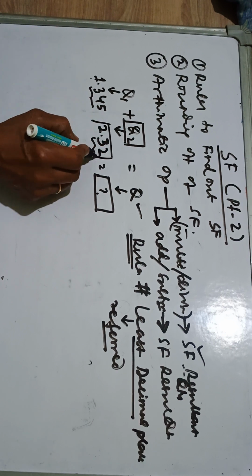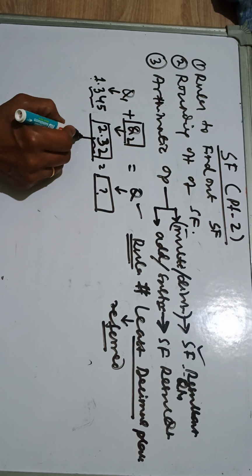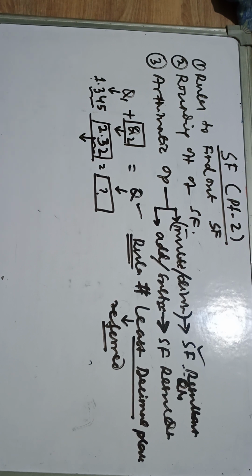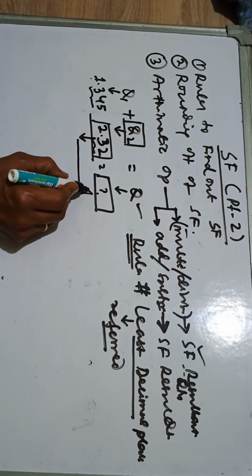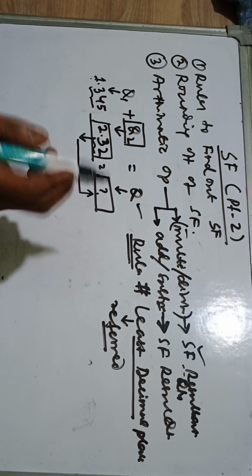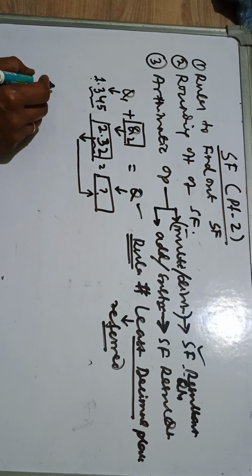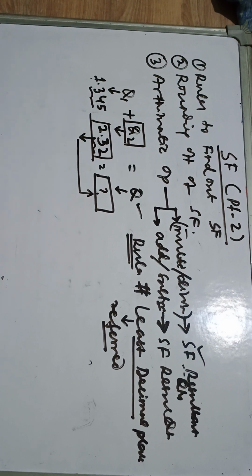This is the quantity of reference. Here up to 2 decimal points this number has. Now this will be used in the result. That means the result will have up to 2 decimal places.